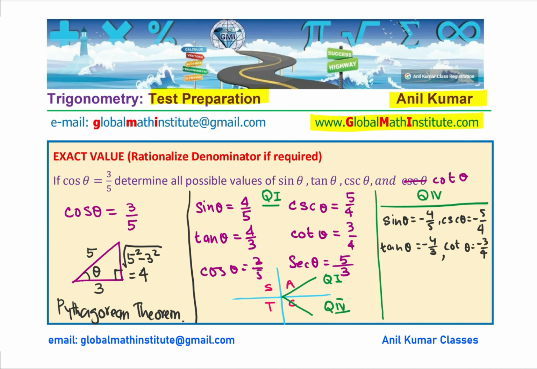So we should write cos theta as 3 by 5, given to us, and secant theta as 5 by 3. You see that? So we have all these sets to be answered. Now we have the complete solution for the given situation.